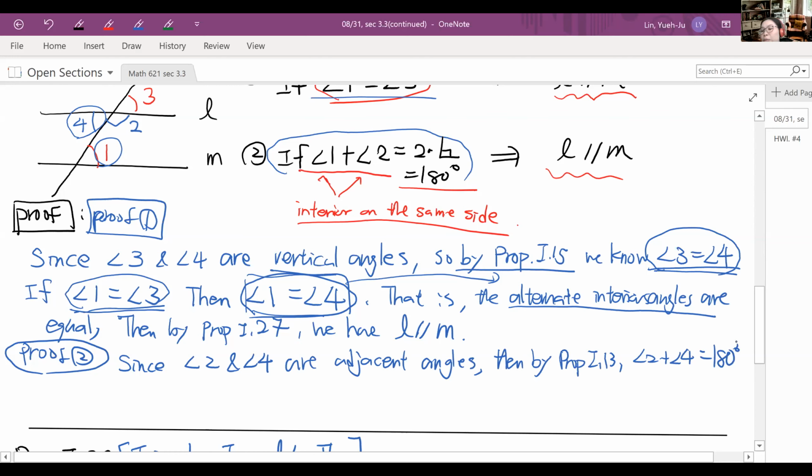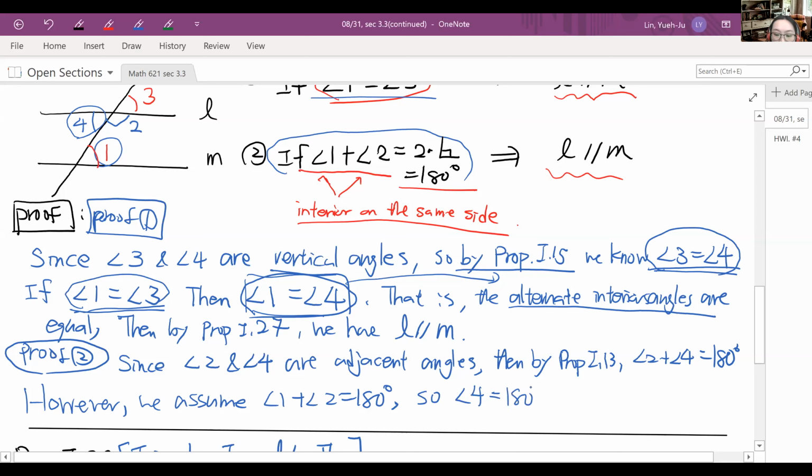I'm being a little bit sloppy here. I should probably write double of right angle, but I want to be quick, so I directly write 180 degrees. However, we also assume 1 plus 2 is already 180. So this tells us that angle 4 is 180 minus 2.